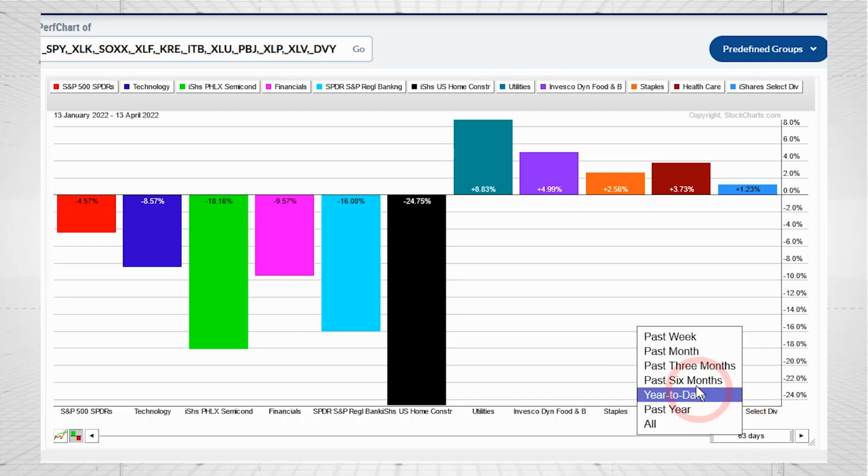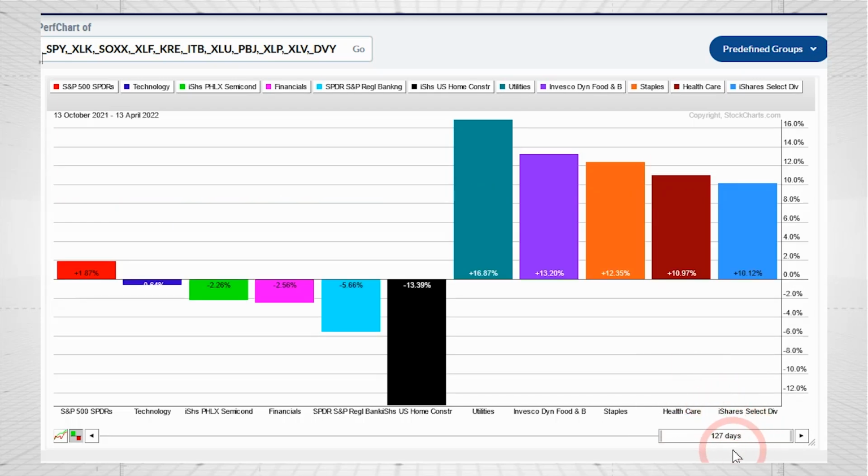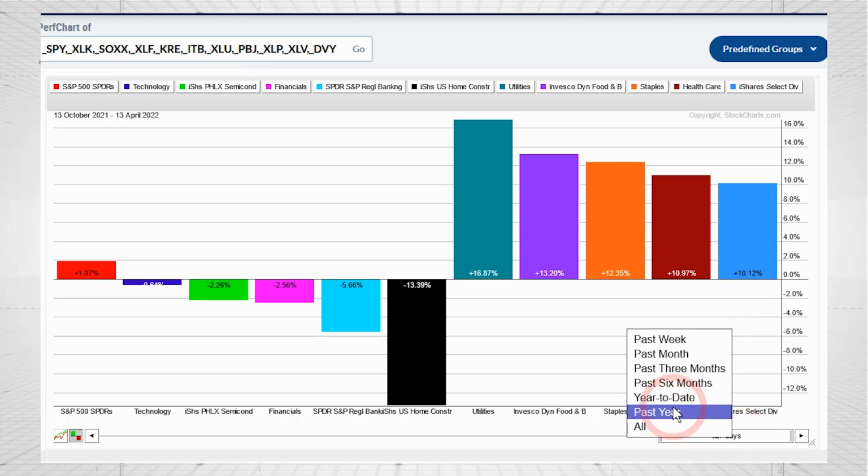And if we back this chart out to 6 months, we can see a similar picture. SPY is up over the last 6 months, but these 5 offensive groups are down. Technology is holding up the best, but it's still down over the last 6 months. And you look at these defensive groups, they're all up, and they're up more than 10%. Just for grins, I'm going to go out a year.